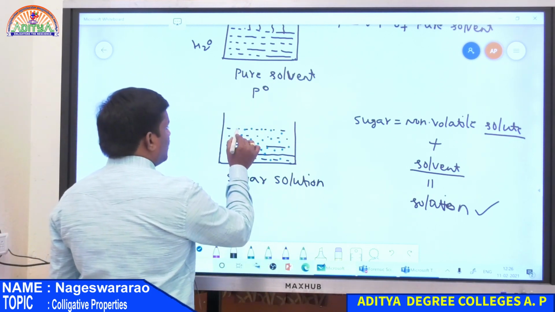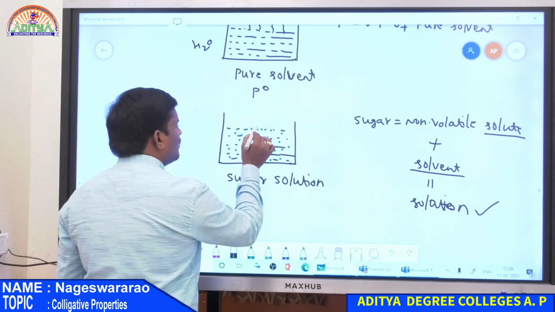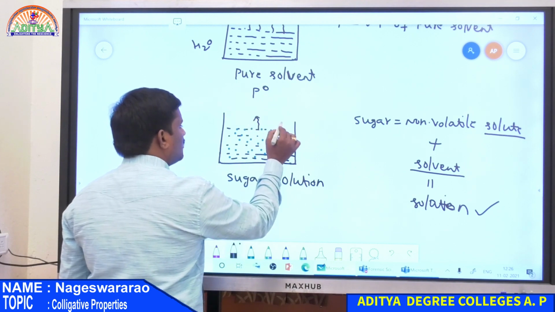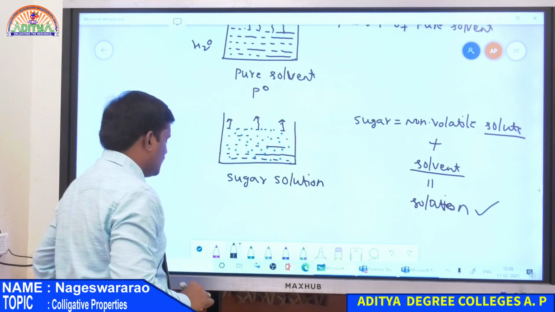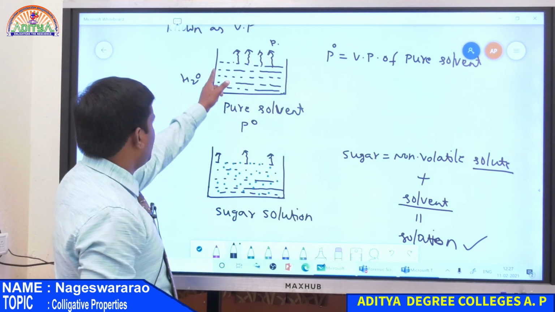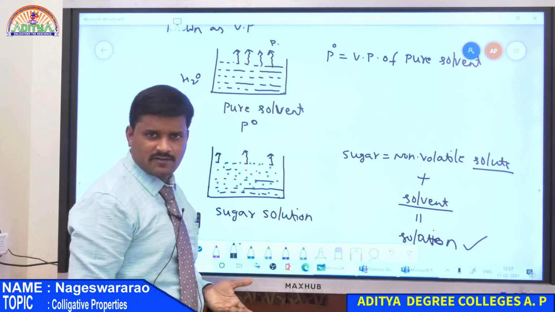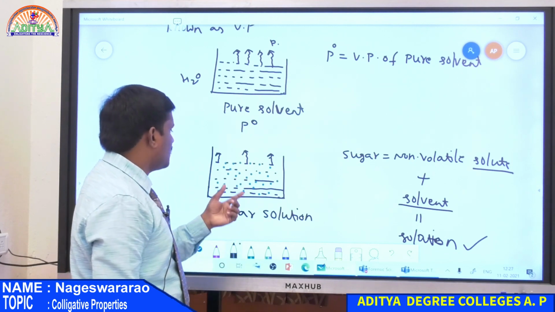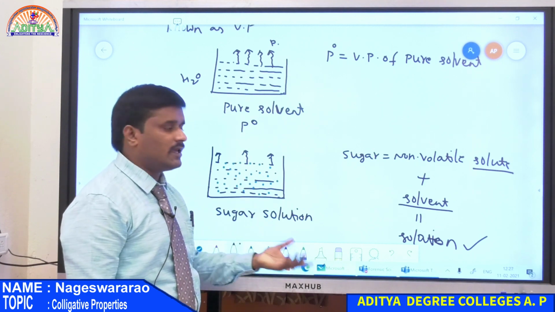On the surface of the solvent there are non-volatile sugar particles. Compared to the pure solvent, where all the molecules present at the surface exert some pressure on the atmosphere, in the dilute solution the surface has sugar particles, which are not volatile.